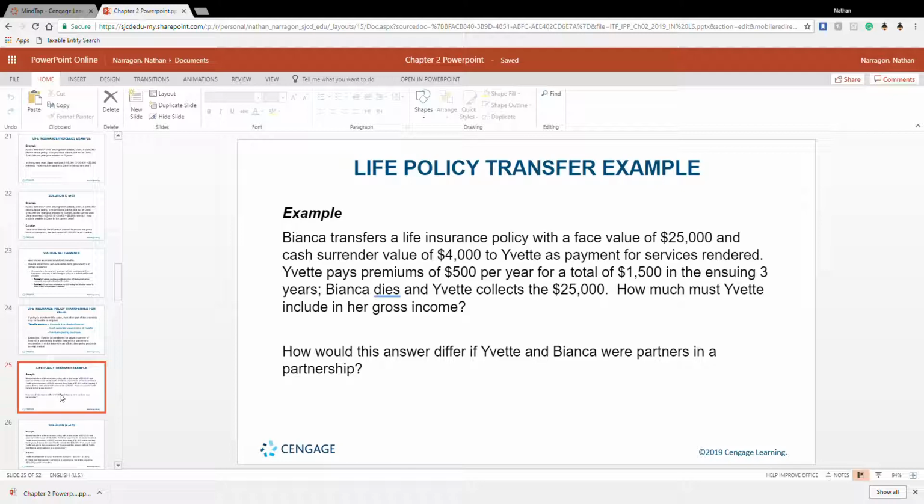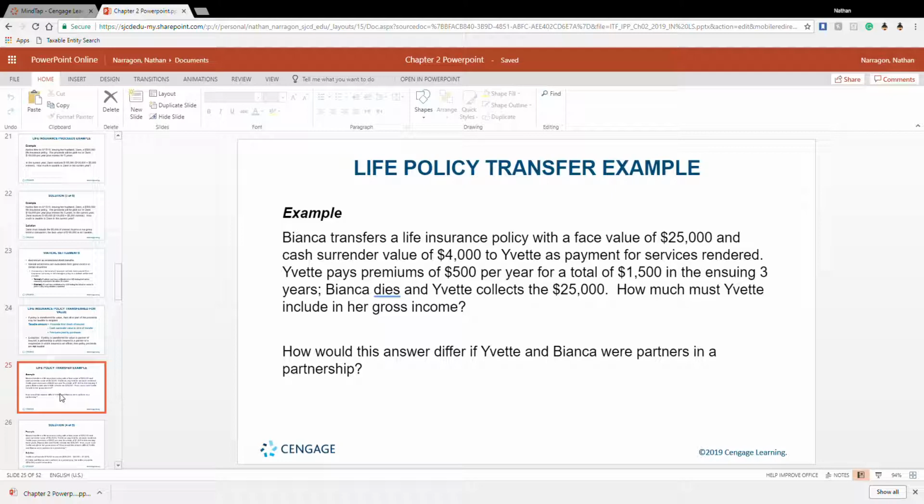So Bianca decides to transfer a life insurance policy with a face value of $25,000 and cash surrender value of $4,000 to Yvette as payment for services rendered. Yvette decides to pay premiums of $500 per year for a total of $1,500 in the ensuing 3 years.